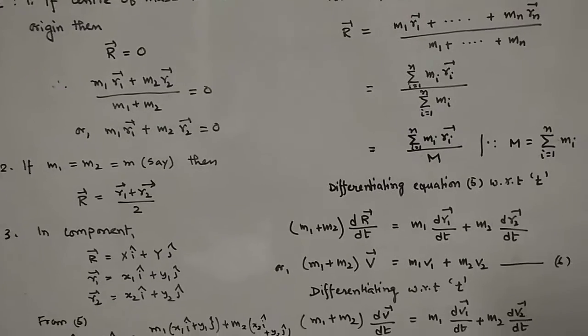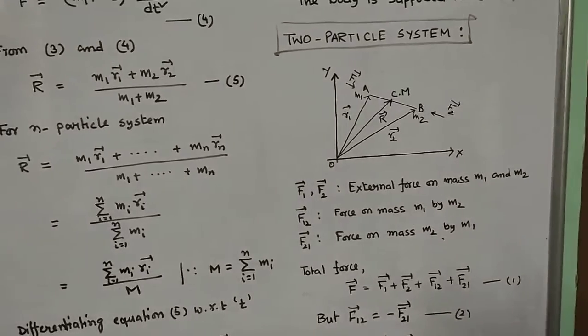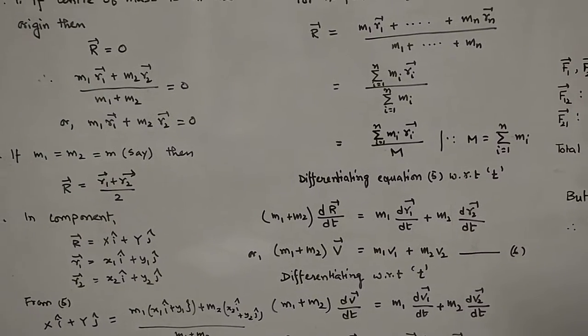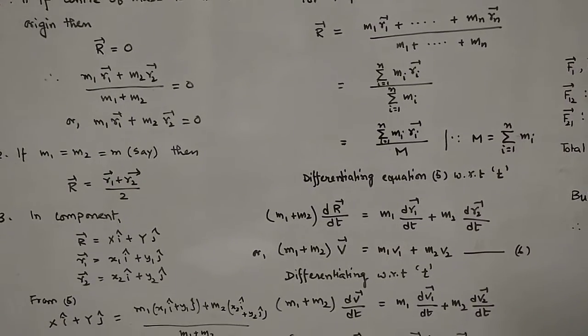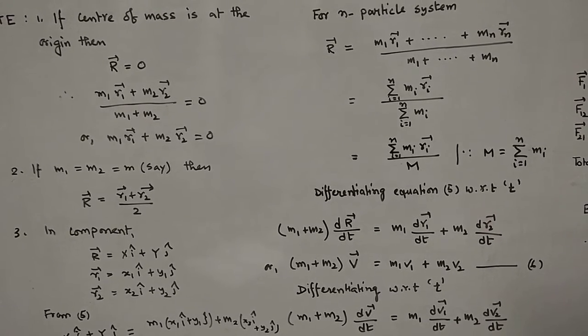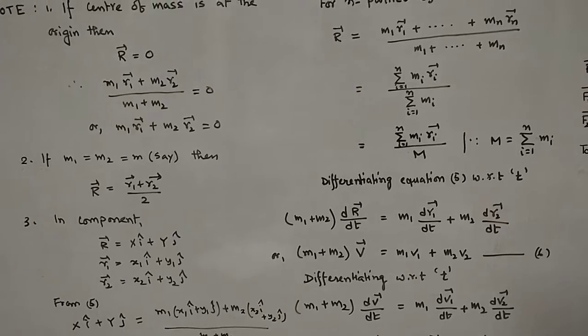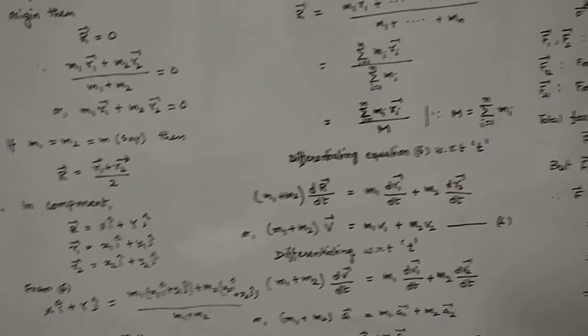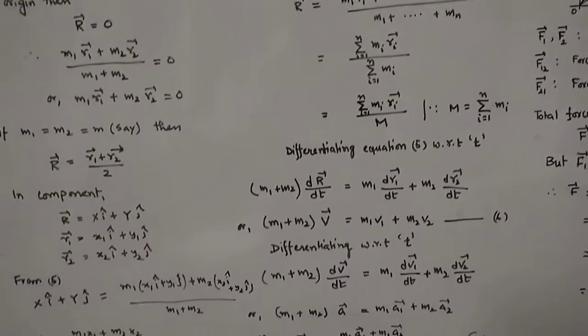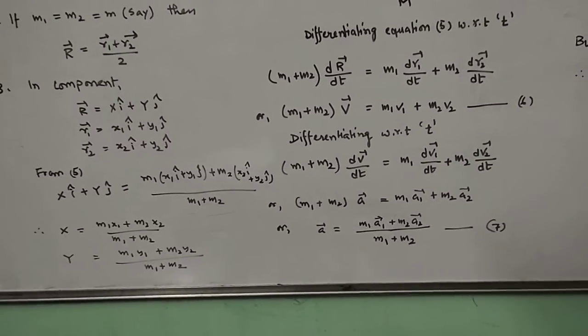In terms of components, as you are defining in two dimensions, r vector can be split up in terms of i cap and j cap. So capital R is X i cap plus Y j cap, small r1 is x1 i cap plus y1 j cap, and r2 vector is x2 i cap plus y2 j cap. If you use this expression for the two particle system, you can split it into components.